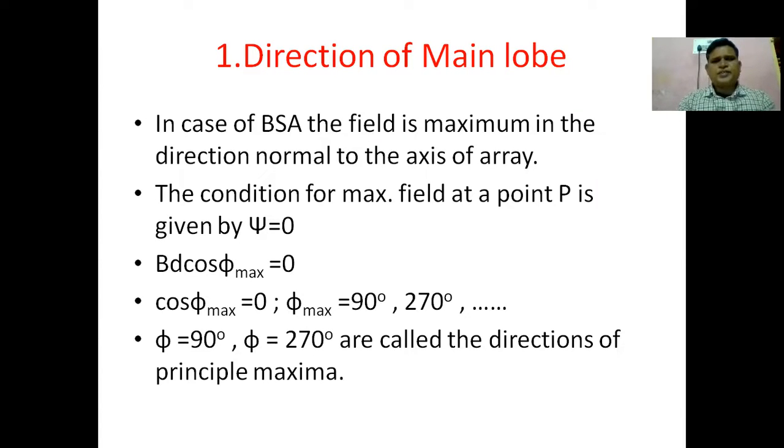Psi is equal to BD cos phi, which is equal to 0. Cos phi becomes 0 at 90 degrees and 270 degrees. Phi equal to 90 degrees and phi equal to 270 degrees are called the directions of principal maxima. Principal maxima means main lobe.